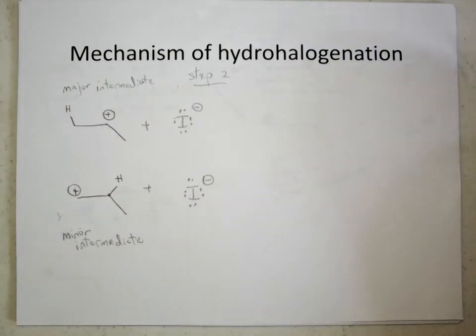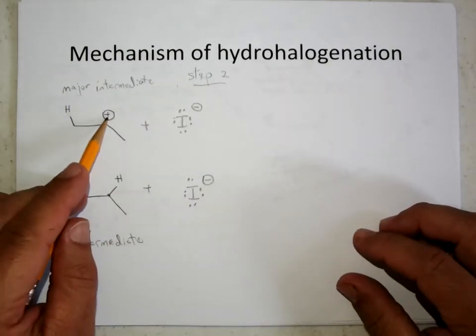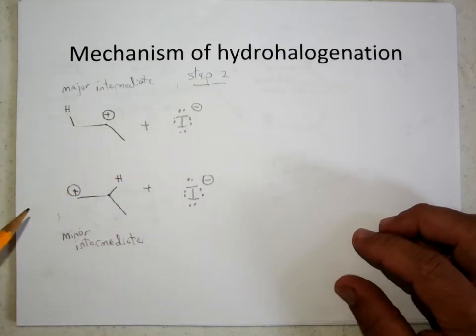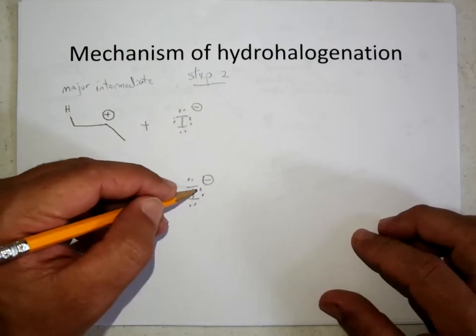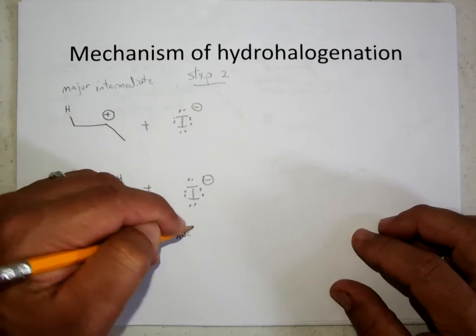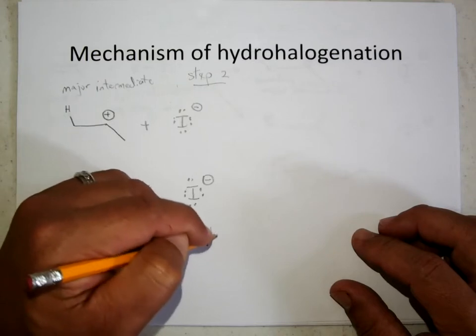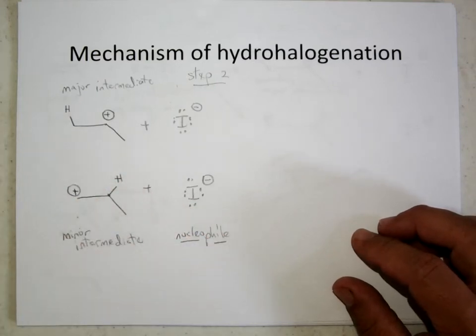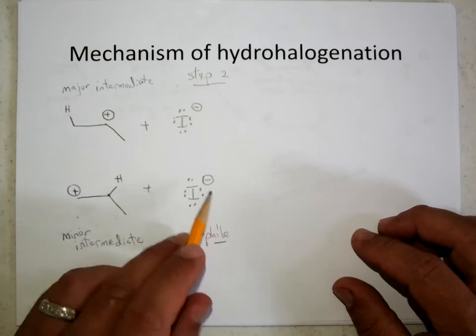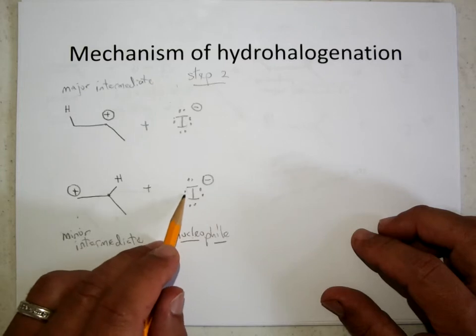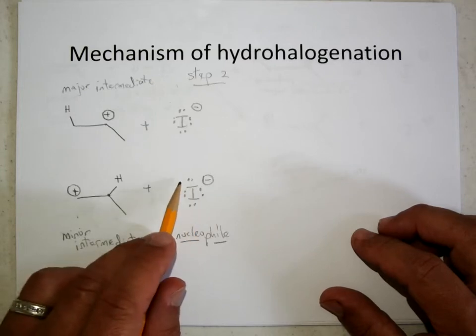And now hopefully you can see that the carbocation and the anion will be attracted to each other fairly significantly. If something's negatively charged and has a lone pair of electrons, it is very often what we call a nucleophile, because it loves positive charges or nuclei. So the nucleophile is negatively charged, typically, definitely has some available electrons, and it's going to be looking for positive charge.